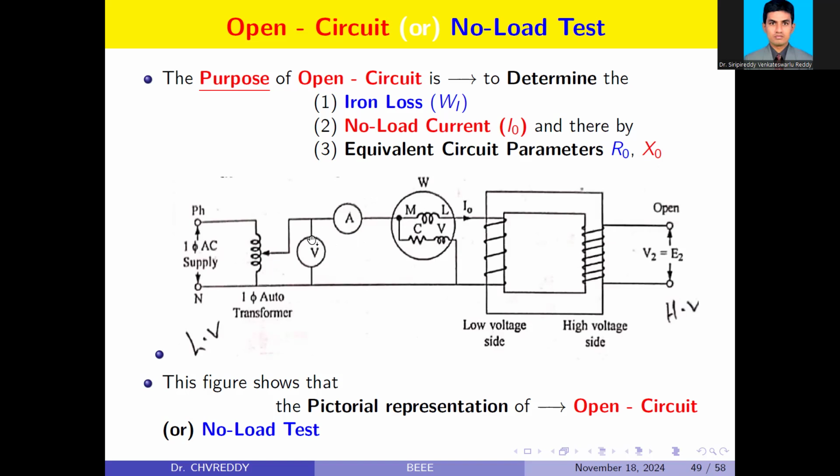These meters are used to measure the corresponding readings: the voltmeter measures the voltage, the ammeter measures the current, and the wattmeter measures the power. What is the need of the single phase auto transformer here? And what about this transformer? This entire figure shows the pictorial representation of the open circuit test or no load test.